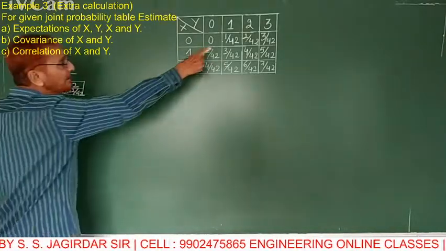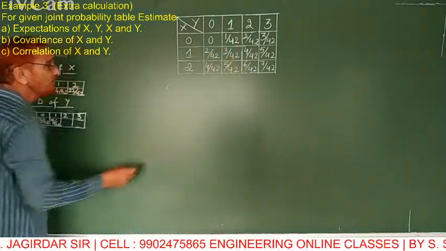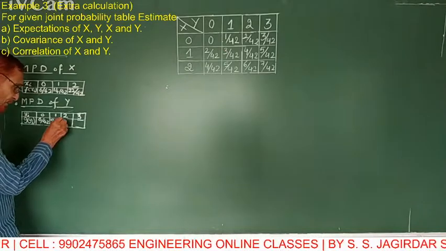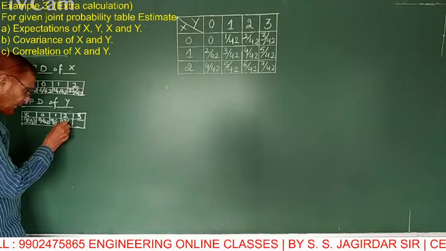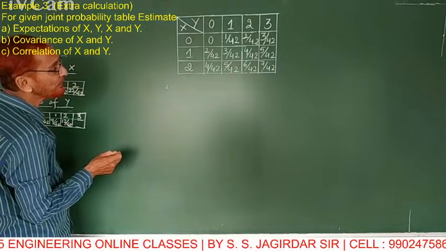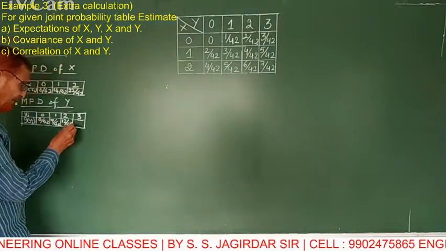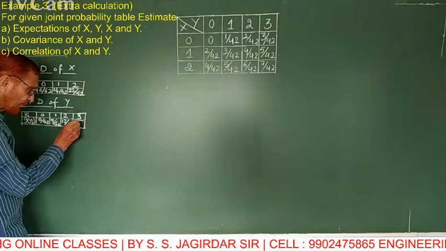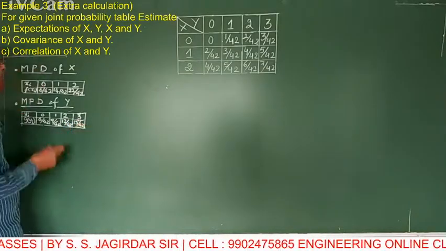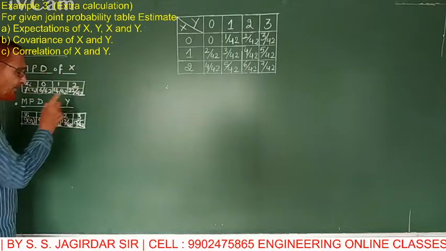The next is 2 plus 4 is 6, 6 plus 6 is 12, so 12 upon 42. And the last one is 3 plus 5 is 8, 8 plus 7 is 15, so 15 upon 42. So these are the two tables of marginal probability distribution of x and y.